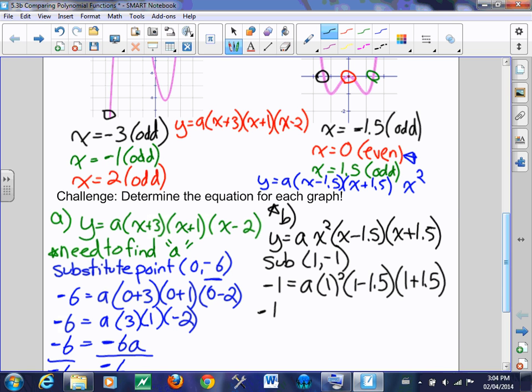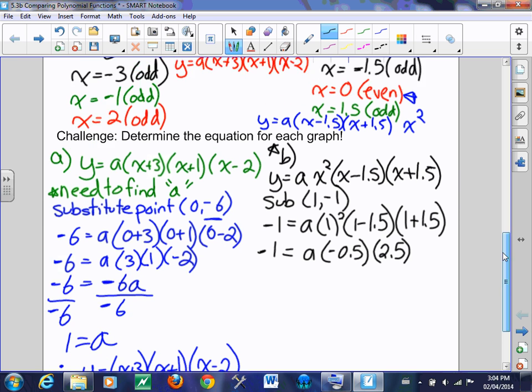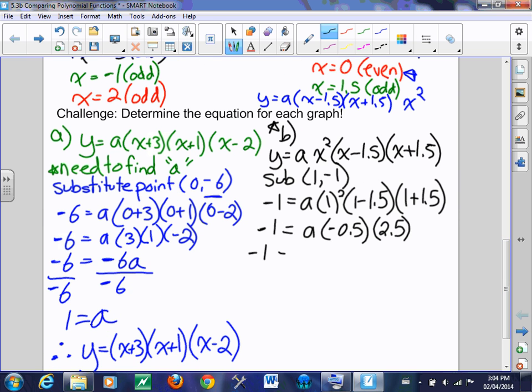Using your calculator or your brain, you're going to get that this is a times 1 squared is just 1, so it's going to be negative 0.5 times 2.5. Keep moving along here. Negative 1 equals negative 1.25a, or plug in your calculator if you're not sure. To get a by itself, divide by negative 1.25 on both sides.